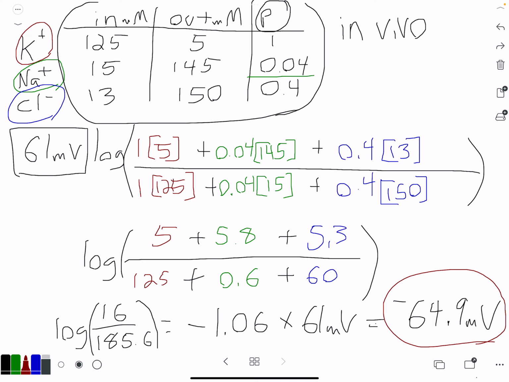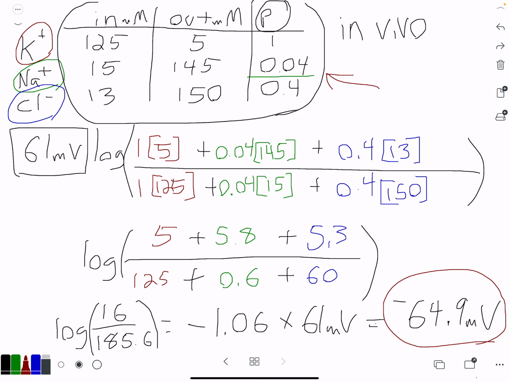So conceptually, you should be able to look at a chart like this, and even before you do the Goldman equation, predict with a pretty high degree of accuracy, am I going to end up with a negative membrane potential, or a positive membrane potential? Now you can look at this chart, and if you switch things up and made potassium and chloride negligibly permeable and gave 1 to sodium, all of a sudden things change.